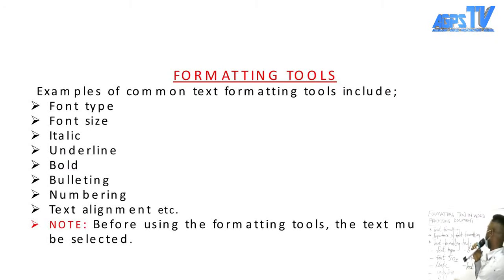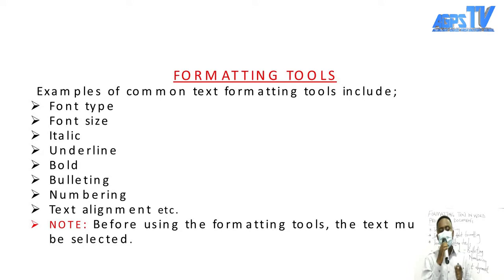Let's look at the text formatting tools. When I say text formatting tools, what it means is that they are the tools we use to format text. There are many of them, but a few of the common ones normally used are as follows. We have font type, font size, and italic. Now, this word italic can be pronounced in two ways.